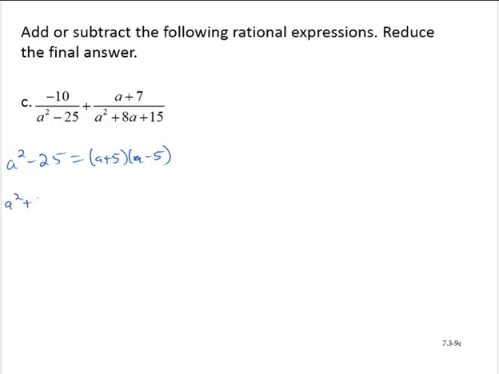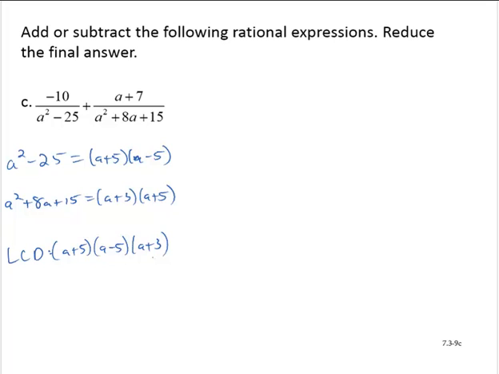And a squared plus 8a plus 15 factors as a plus 3 by a plus 5. So I see three distinct factors. So then my LCD is a plus 5 by a minus 5 by a plus 3.